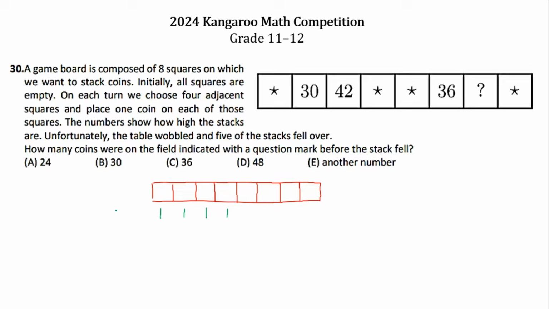Now let's say in the second move we place coins here. Third move, let's say here, and then fourth, we have again the first 4 squares. Again, this is just arbitrary, just to see what pattern it gives in the sums.